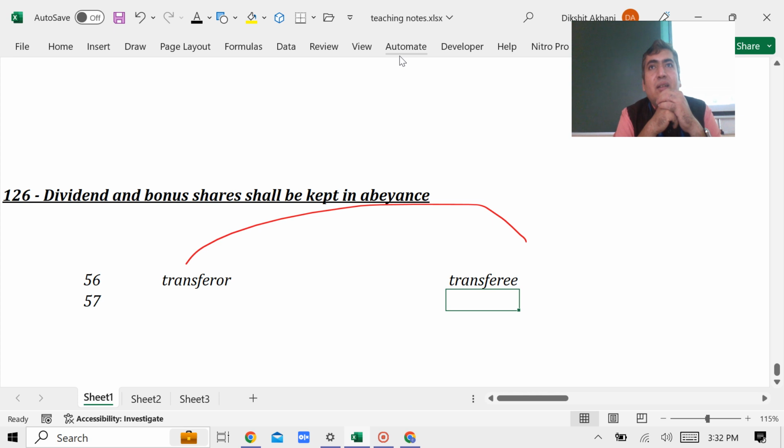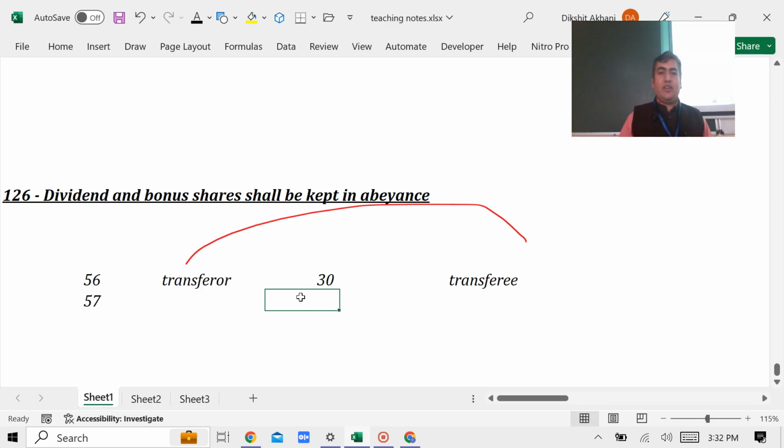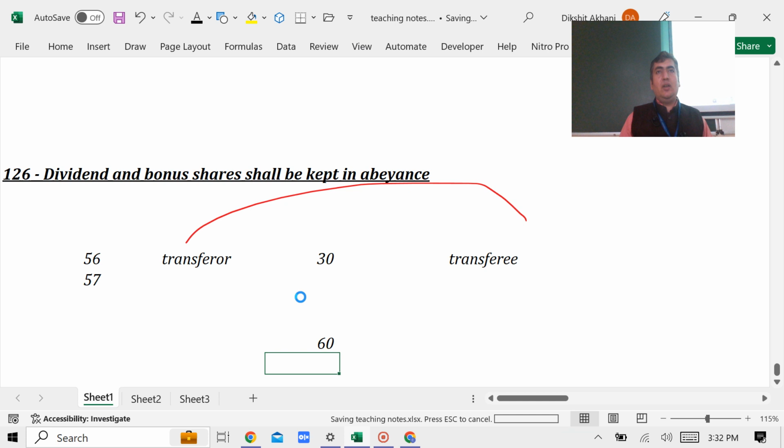The question is this. If I speak about private company, we have 30 days. If I speak about public company, we have 60 days. What if during this 30 or 60 days, company has issued the dividend? Who can claim it? That is the question.